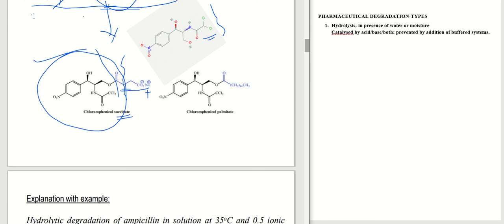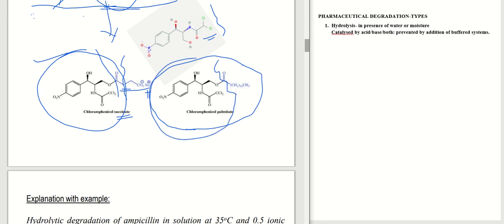Similarly, another way we can protect the therapeutic activity of the molecule is by modifying chloramphenicol into chloramphenicol palmitate. So when this drug is taken inside, because of enzymatic degradation, the palmitate will be removed and the actual activity will be secured.